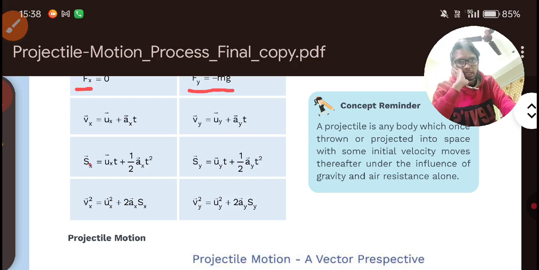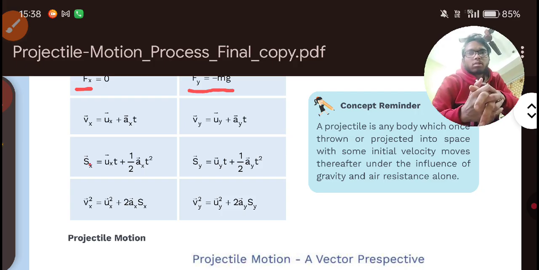Next equation of motion is used for calculating displacement: s is equal to ut plus half at square. The third equation of motion is v square is equal to u square plus 2as. It is the same, just remember this side is for x and this side is for y.